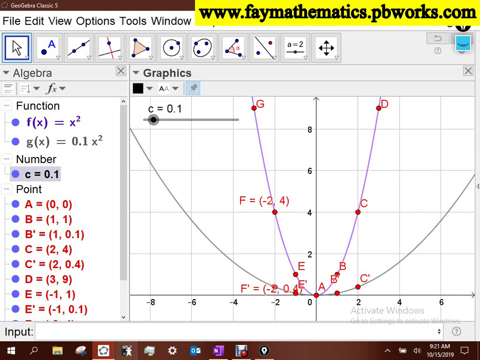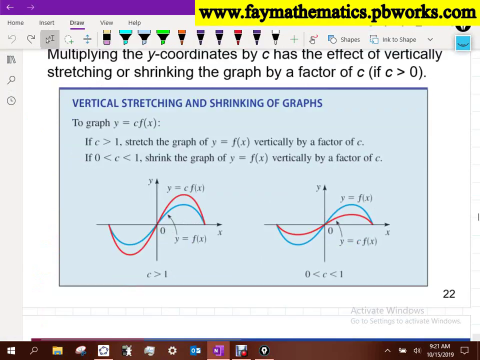So let's do a reflection across the y-axis and impact those values. An x-axis reflection impacted the y's, and a y-axis reflection impacted the x's. Right now we just did a stretch that impacts only the y's. Well, let's do a stretch that impacts the x's, and this is going to produce what we call a horizontal compression or horizontal stretch.